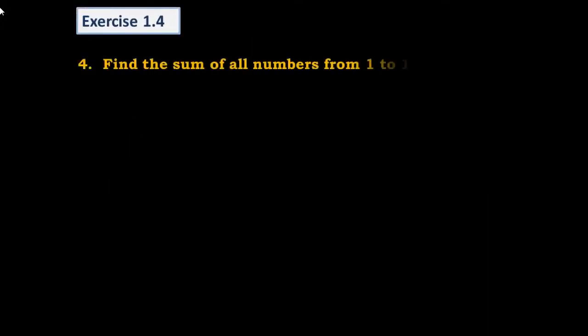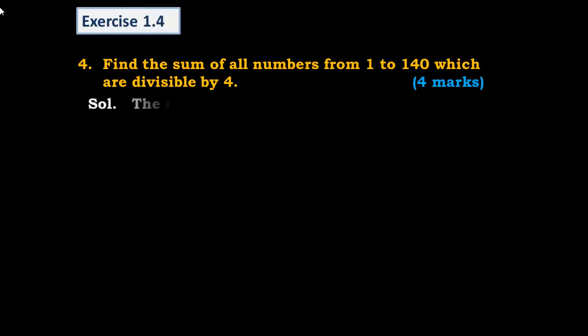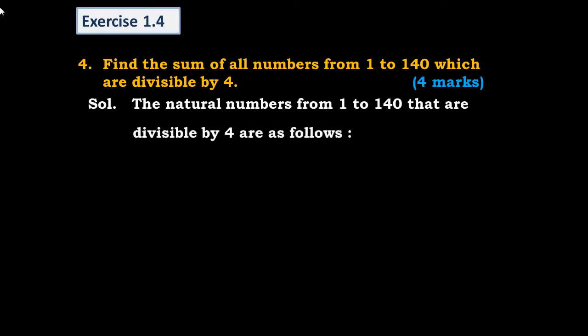Find a similar question. Find the sum of all the numbers from 1 to 140 which are divisible by 4. You have to consider numbers from 1 to 140 which are divisible by 4. So let us see the numbers first. The natural numbers from 1 to 140 that are divisible by 4 are: the first number will be 4 itself, so 4, 8, 12, 16, and the last number is 140.